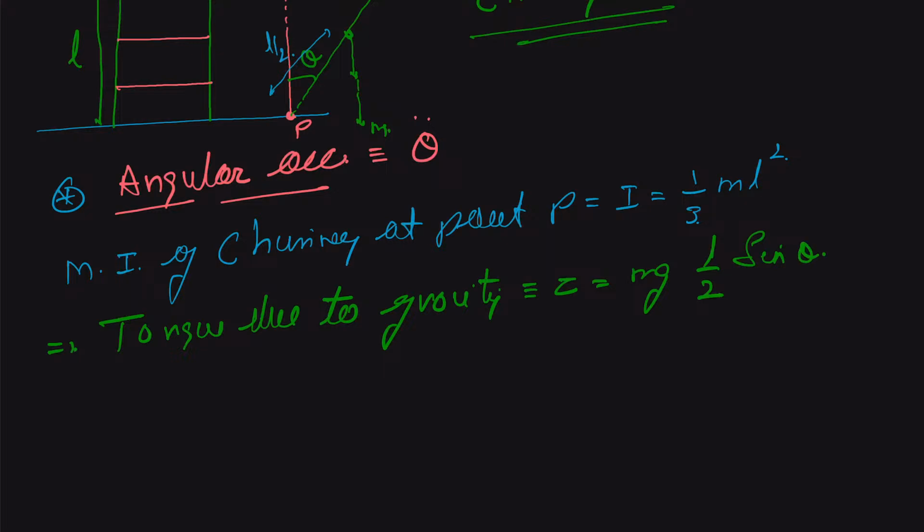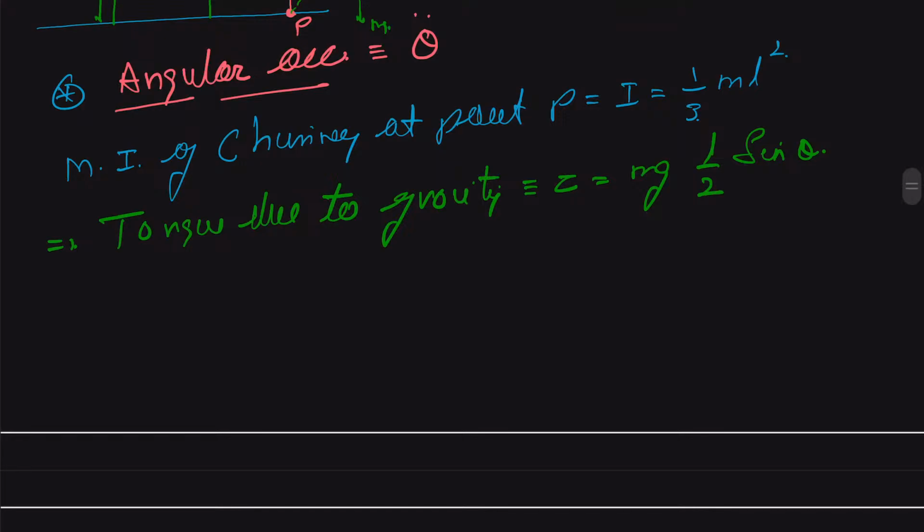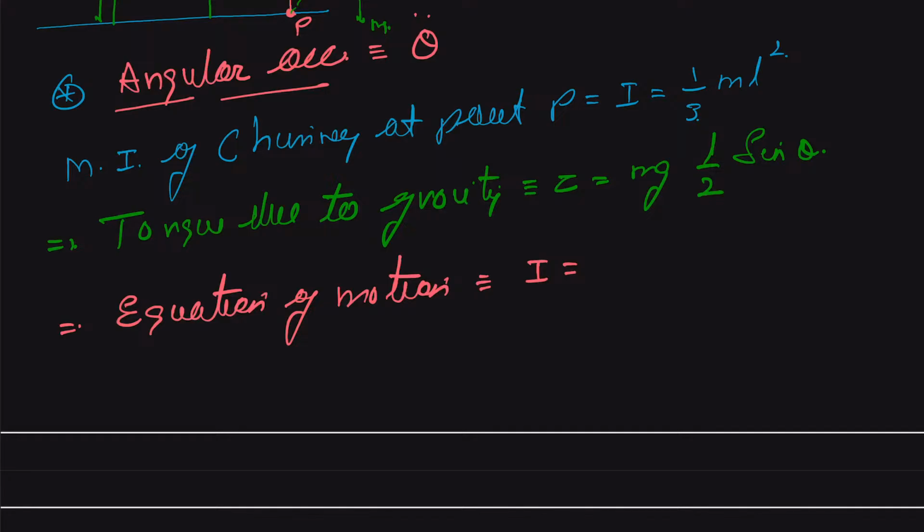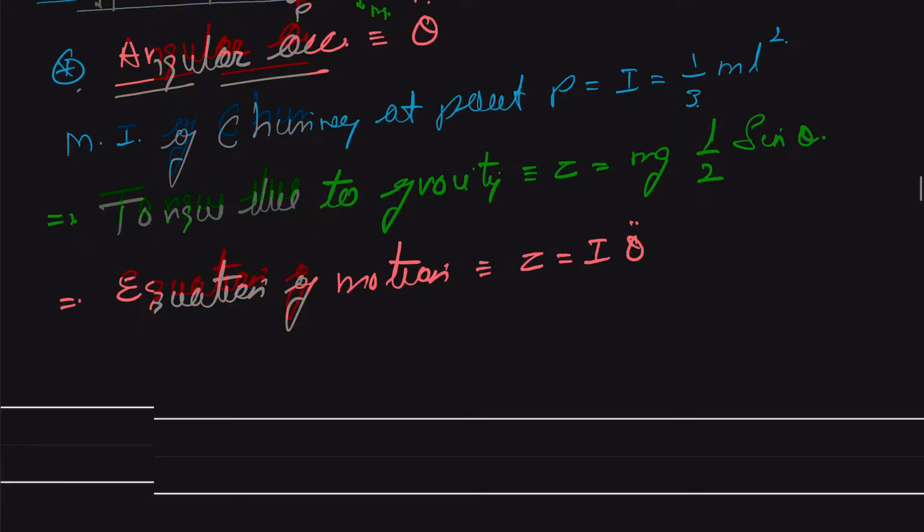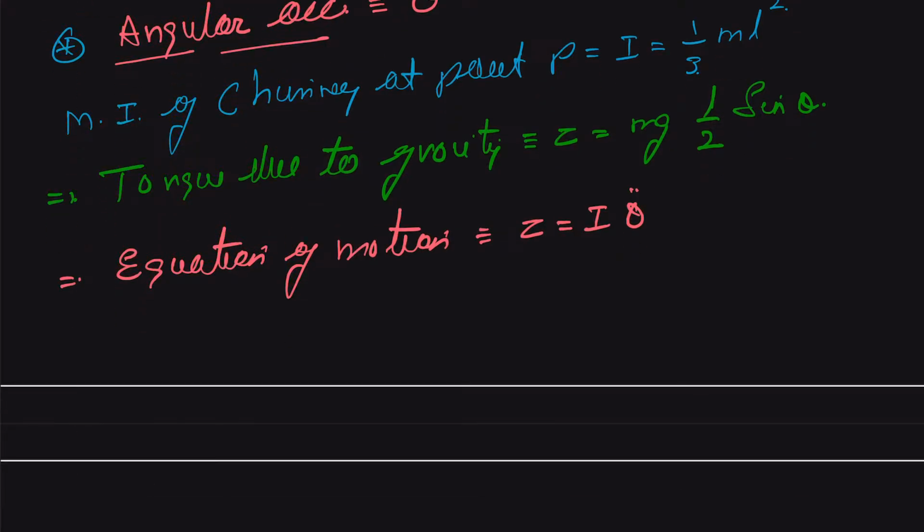And from here we can write the equation of motion. So we can say that the torque is equal to the moment of inertia times the double derivative of theta. Torque we already know, moment of inertia we also know, so we substitute both these values.